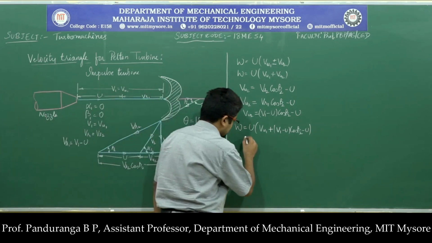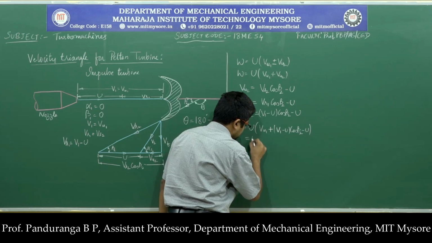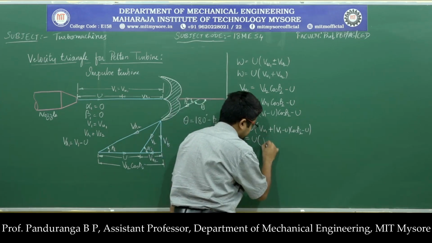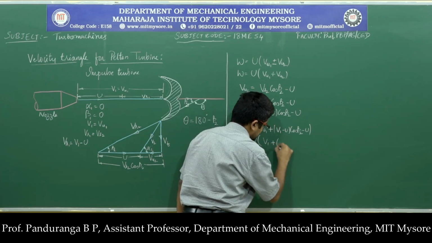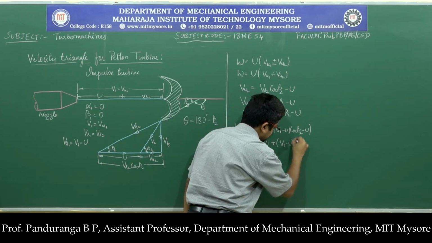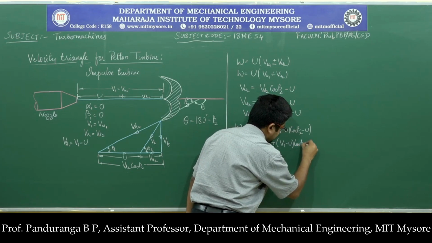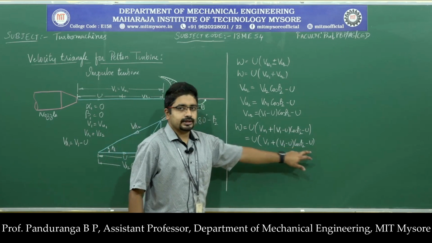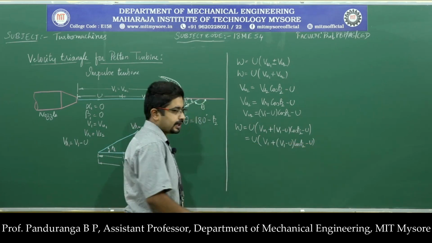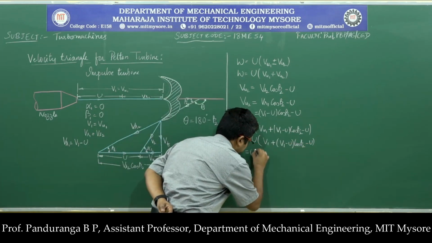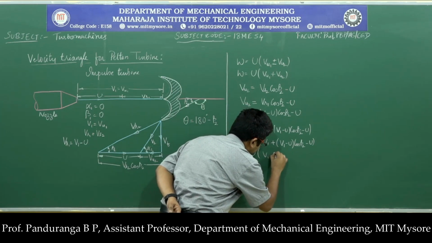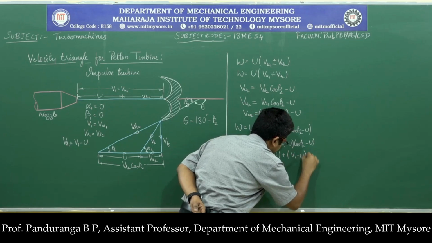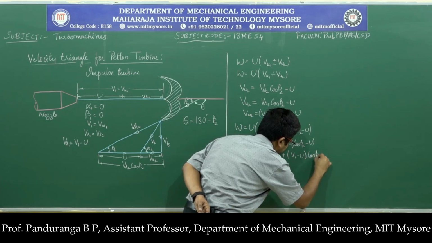So I can write U into [in place of Vu1 I can write V1, plus (V1 minus U) into cos beta 2 minus U]. Now I can group this together, V1 minus U. So I'll write it as U into [(V1 minus U) plus (V1 minus U) into cos beta 2].